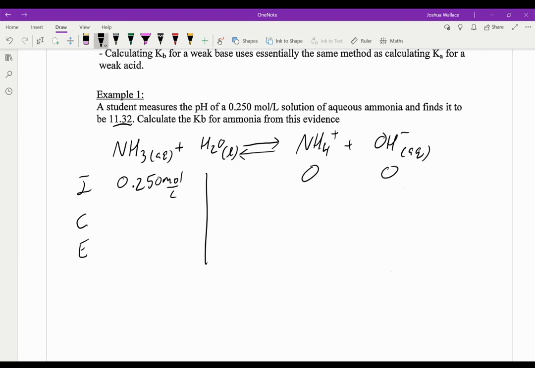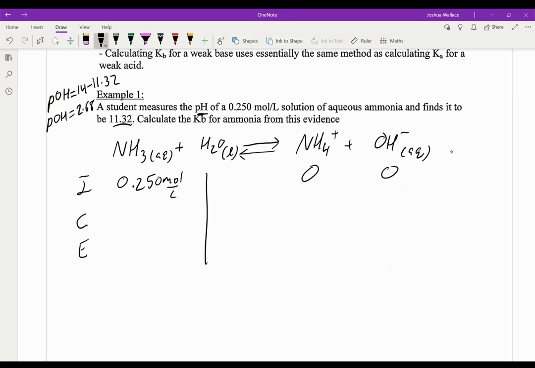So this value of 11.32 is the pH. So what I can do is go pOH equals 14 minus 11.32, and then my pOH will equal 2.68. That still doesn't give me what I need. What I need to do is find my hydroxide ion concentration.